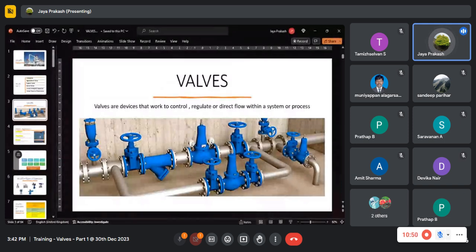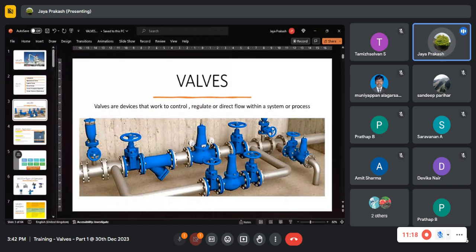The Romans started using valves about 2000 years ago. They were the first to manufacture a valve made of steel, and it was just an open and close valve, that's all.